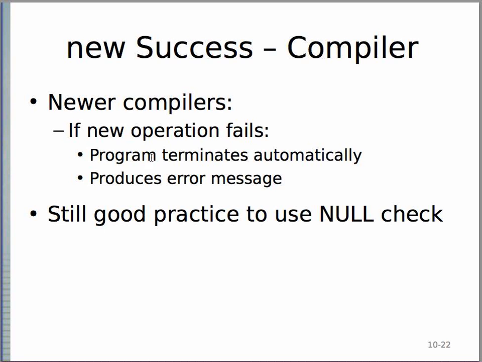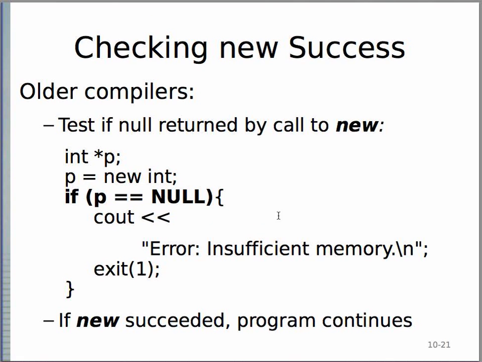It is possible in Eclipse, if you run this, you will see no error message. So the book advises that it's still good practice to use a null check, that is, use the old style. That is, after every new, check if it's equal to null or not, and then print out a message.